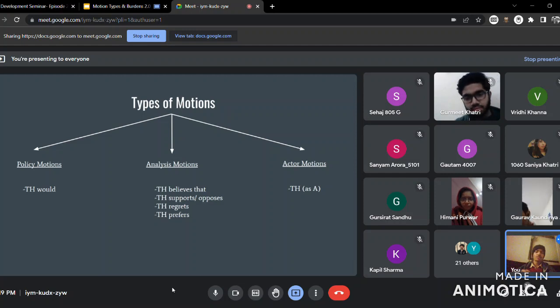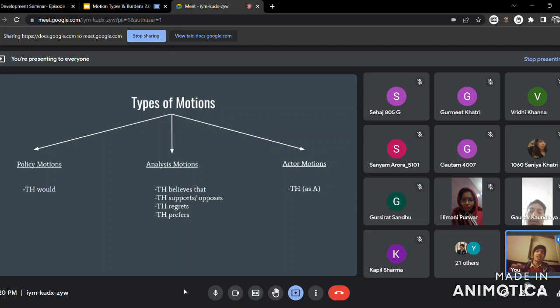The third is actor motion. These are motions which you debate not from a neutral perspective, but from a particular entity's perspective. This entity can be a group of individuals or a country or an individual or a social movement. So one motion can be that this house as a minority parent would teach their kid to push for excellence or something like that.